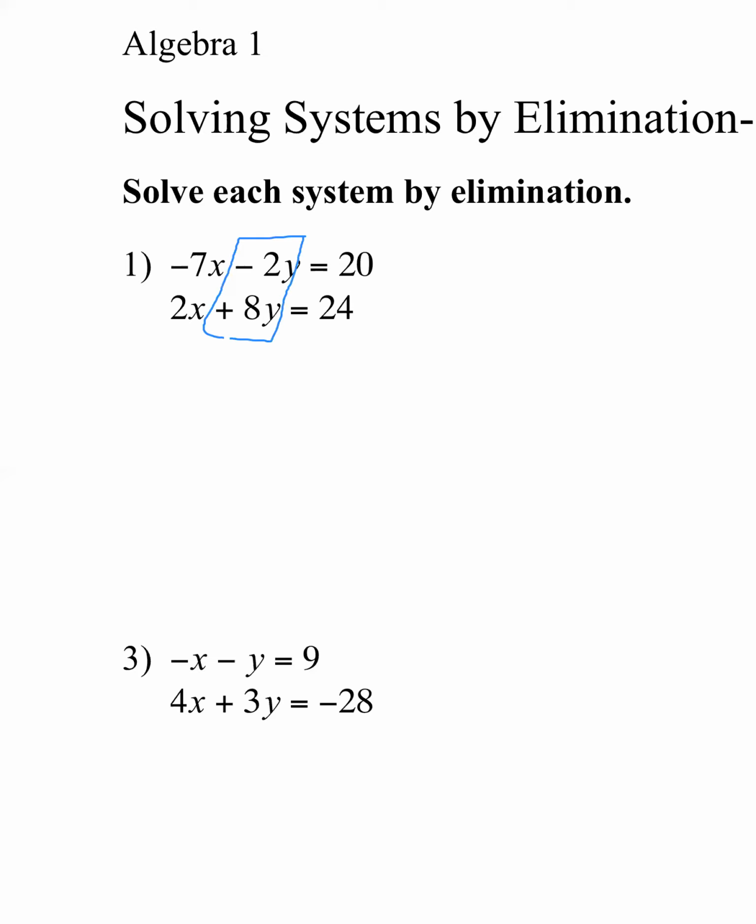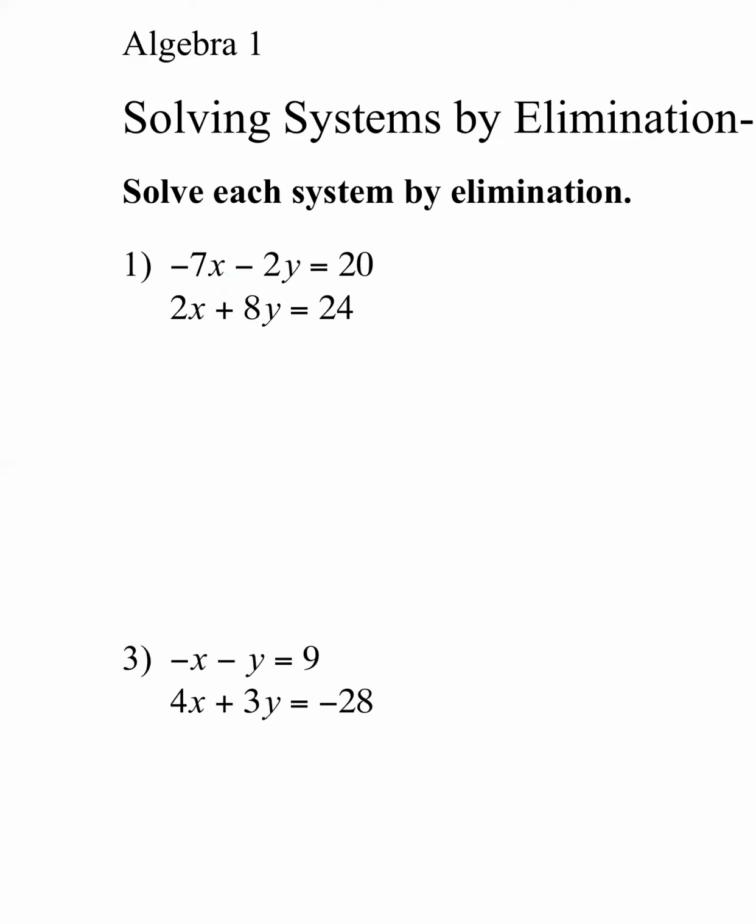If I look at my y values here, they are not opposites right now, but it would be pretty easy to multiply the top equation by some number so that it does become a pair of opposites with the bottom one. Couldn't I take negative 2 and multiply it by 4, and then it turns into a negative 8, and then it would be the opposite to the positive 8y? So that's the goal.